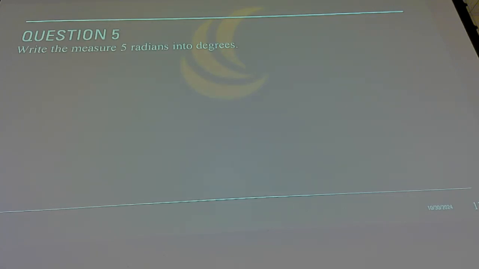So we're going to write 5 radians in degrees. What I'm going to do is multiply 5 by the conversion factor. That's what? 1 radian is how many degrees over pi?